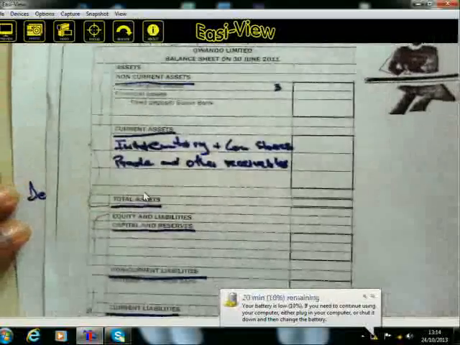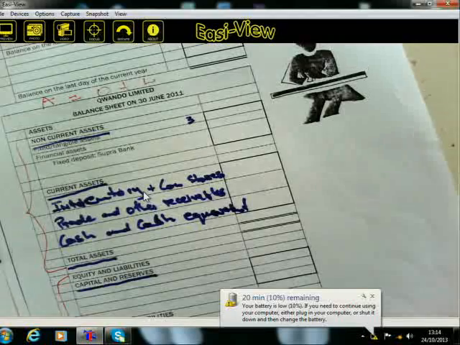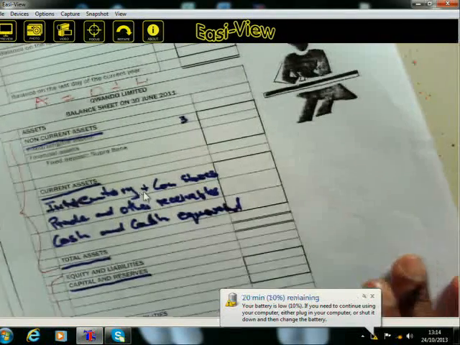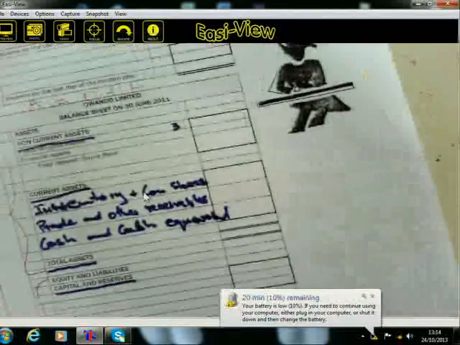We have the other note, which is cash and cash equivalents. Under cash and cash equivalents, there are things that we need to consider.